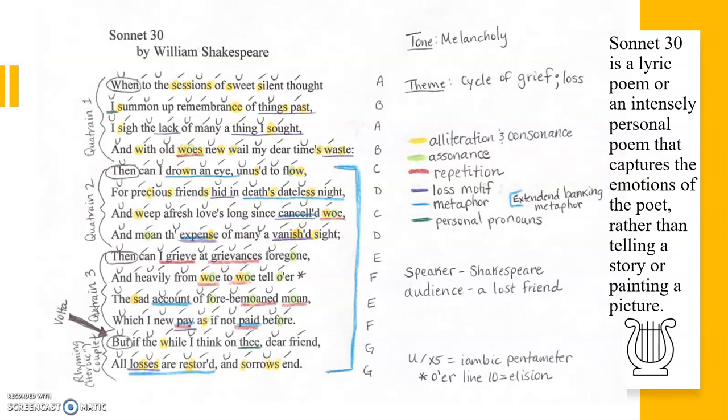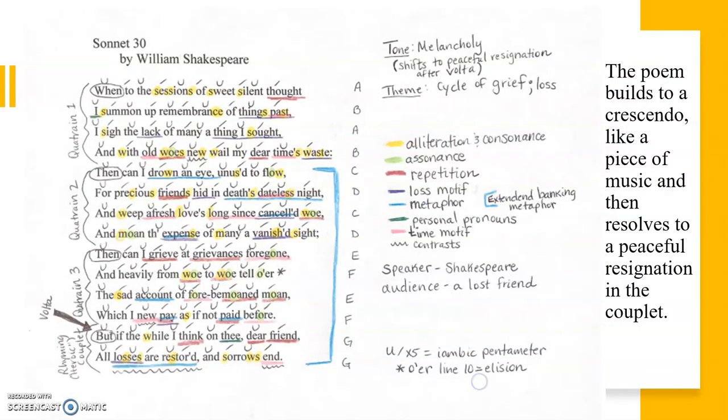But even looking at it as an individual unit, I see the use of personal pronouns, I and thee. And so I can tell that the speaker is Shakespeare himself speaking to a lost friend or friends. And lyric, by the way, is a tie back to ancient Greece where poems were sung and accompanied perhaps by a lyre, which is the picture that I have in the bottom right corner there.